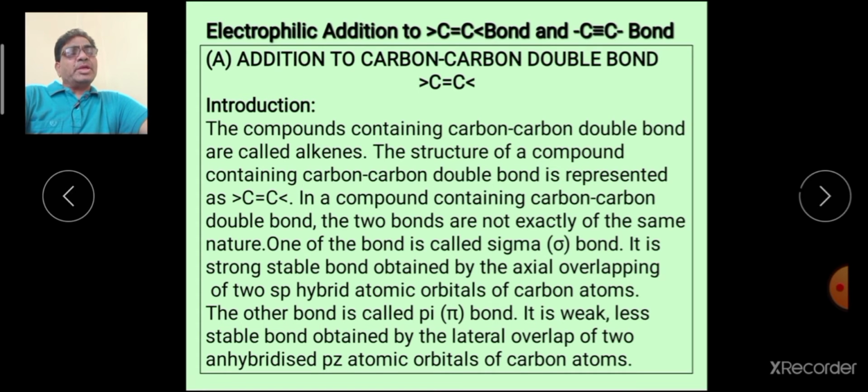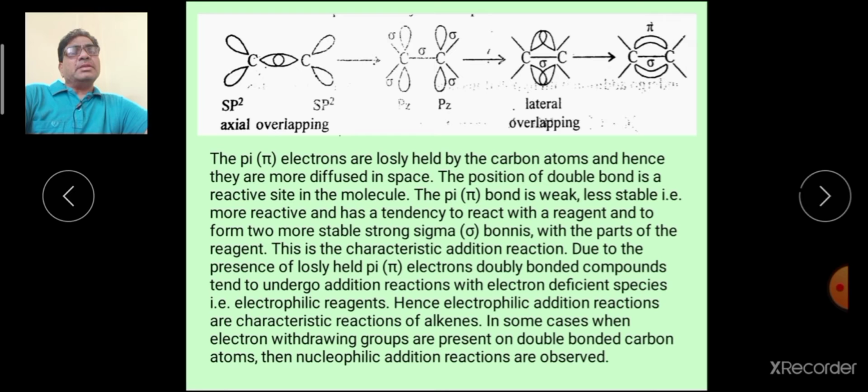The overlapping is shown here. This is the sigma bond, while this is the lateral overlapping of these dumbbell shaped p orbitals, thus forming the pi bond.